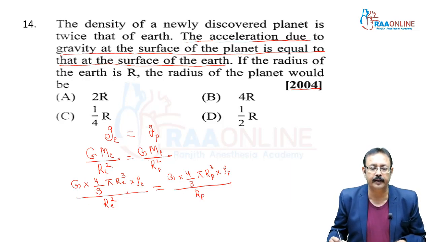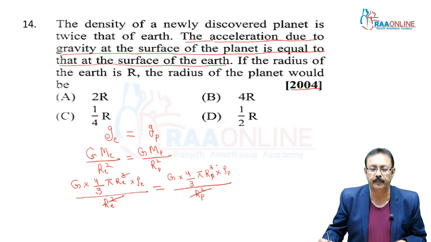cancel 2 Re with 2 Re, Rp square, cancel 2 Rp with 2 Rp, G with G, 4, 3 and pi with 4, 3 and pi. So what are we getting?